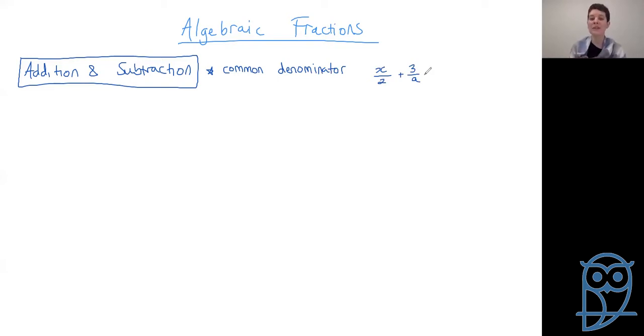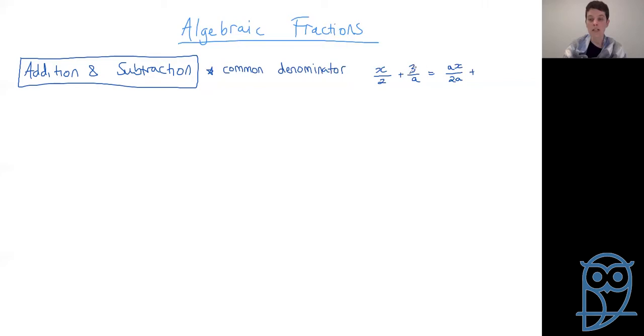Now, when we work with numbers, we look for the lowest common multiple, right? But we can't do that here, except for we can. When we're working with algebraic fractions, that lowest common multiple is just going to be the 2 multiplied together. So if we convert this to over 2a, if we multiply the bottom here by a, we have to multiply the top, so we would have ax.